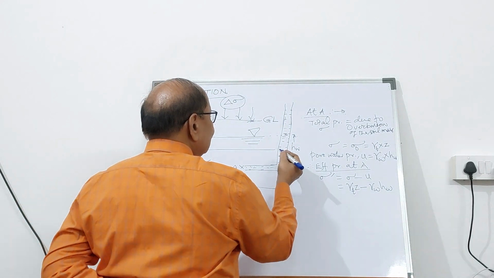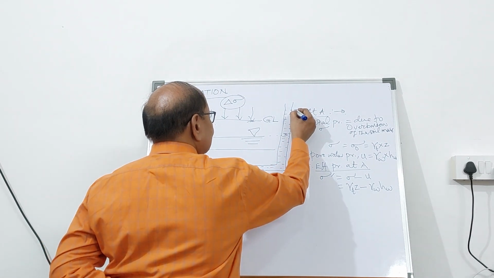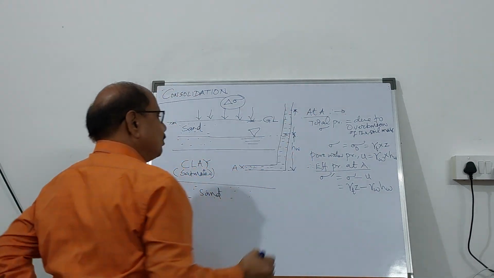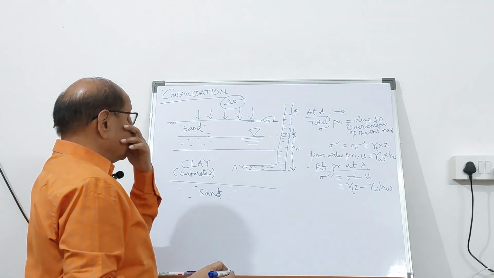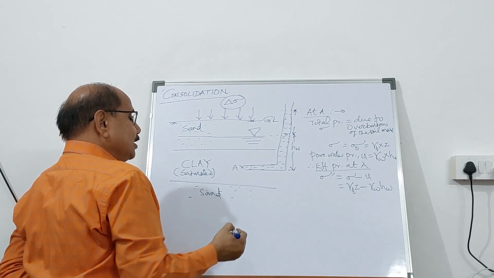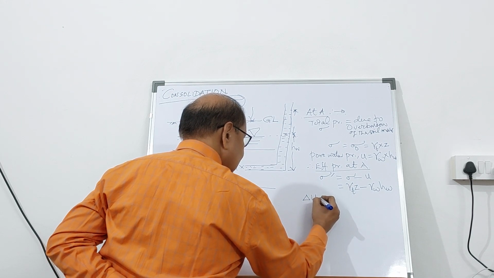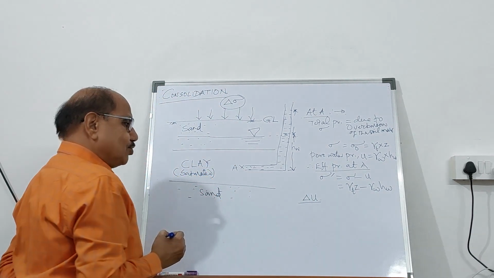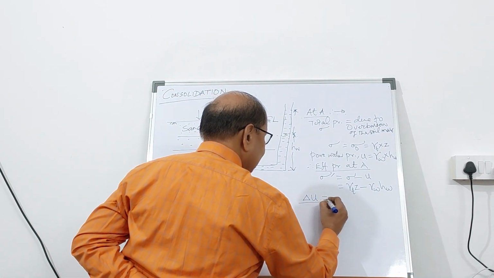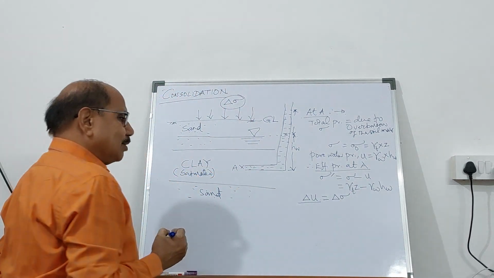Naturally, you can see that the pore water pressure has increased by delta U, and this increase is due to delta sigma.